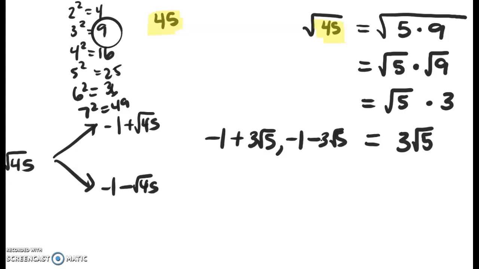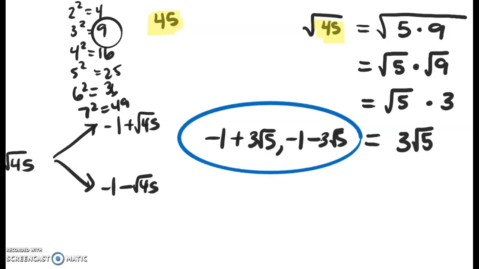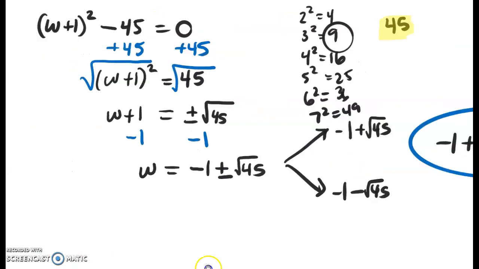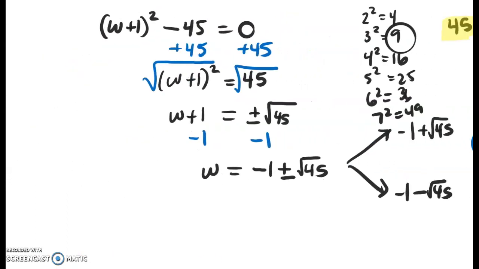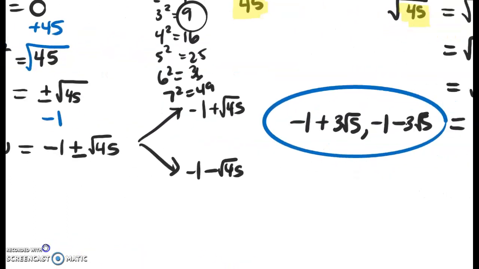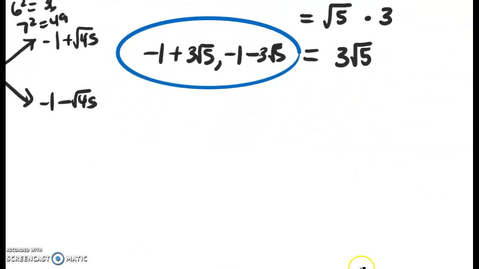Let me circle them here. My original problem was w plus 1, this whole thing squared, minus 45 is equal to 0.